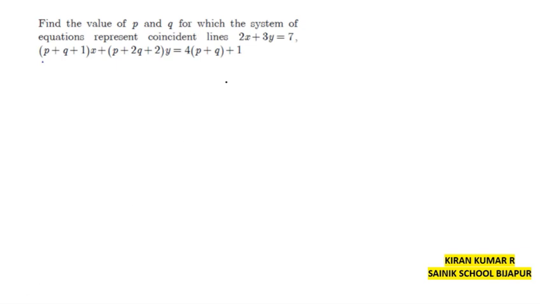Find the value of p and q for which the system of equations represents coincident lines. We have learned a condition for coincident lines, that is a1 upon a2 equal to b1 upon b2, which is equal to c1 upon c2. Let us use that.